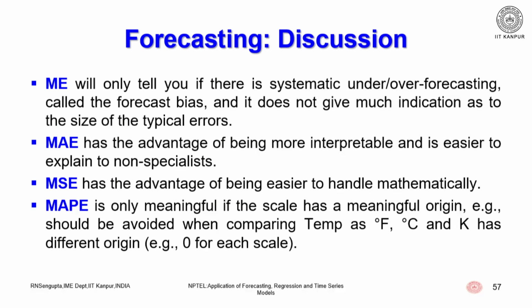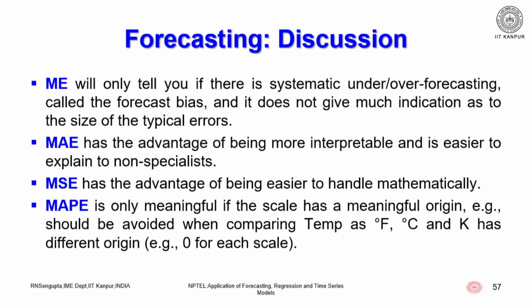This mean error will only tell you if there is a systematic under or overestimation, called the forecast bias. It does not give much indication as to the size of the typical error, because when you add up the errors with their sign, it may be possible for very large positive and negative errors that the total sum actually turns out to be 0.